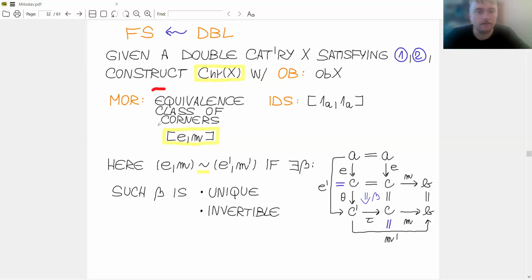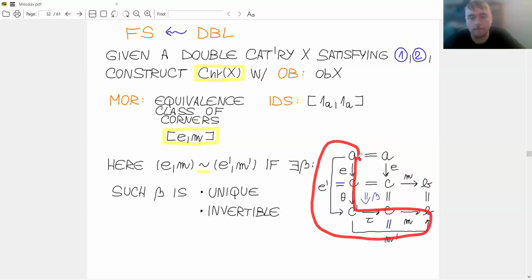So these are equivalence classes, and two corners, E M and E prime M prime, are equivalent if there exists a square beta between them like this. We can imagine it like a two-cell going from this one to this one. Such a square beta is necessarily unique and also invertible, both vertically and horizontally.